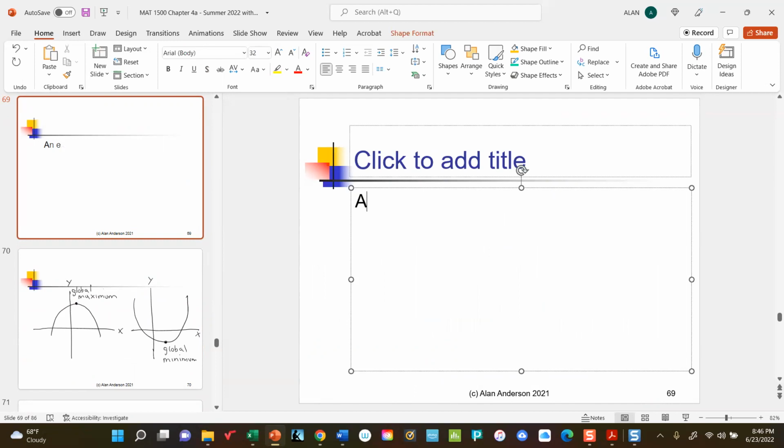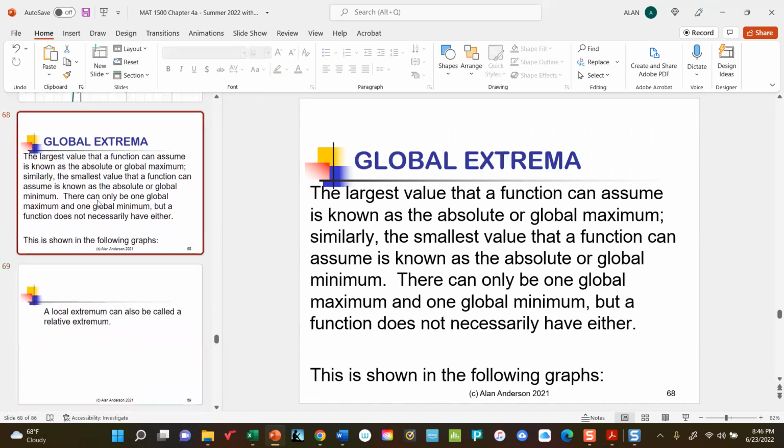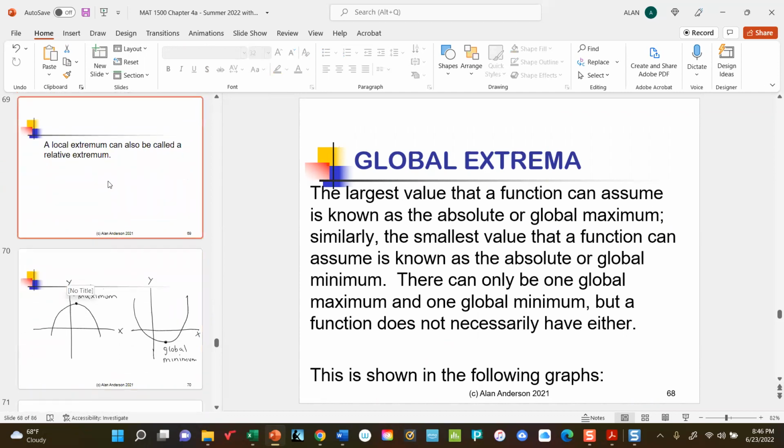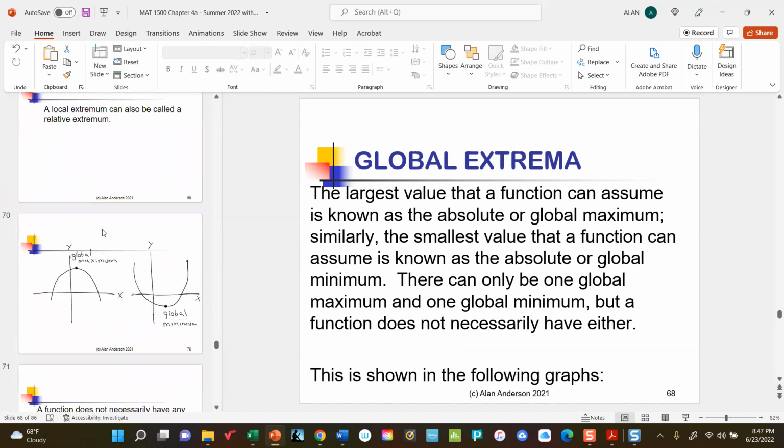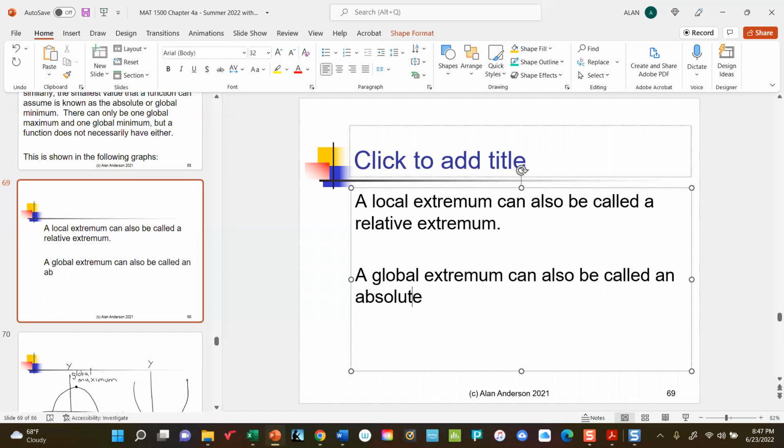A local extremum can also be called a relative extremum. When we find an extremum that applies to the entire function, not just in a small region, it's called a global or absolute extremum. Okay, so in other words, a global extremum, which applies to the entire function, can also be called an absolute extremum.